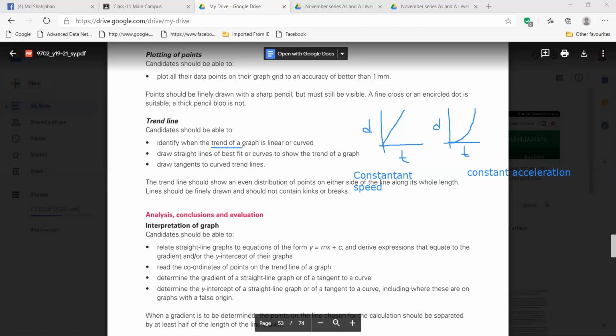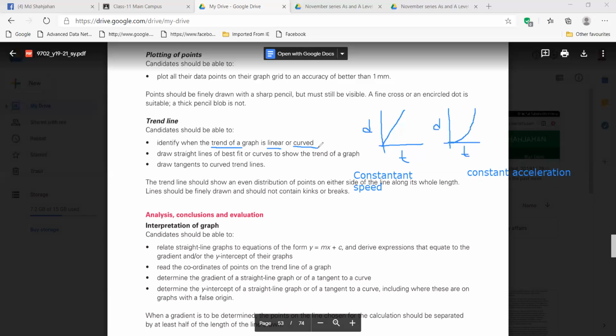From your theoretical knowledge, you can understand that the graph will be linear or curved. So for the table you got, when you are plotting on the graph paper, you can understand from your theoretical knowledge whether the graph will be linear or curved, and according to that you should draw a straight line or a curved line.